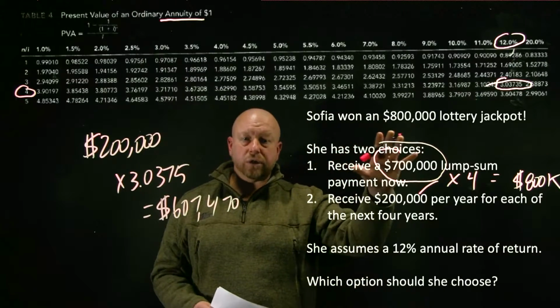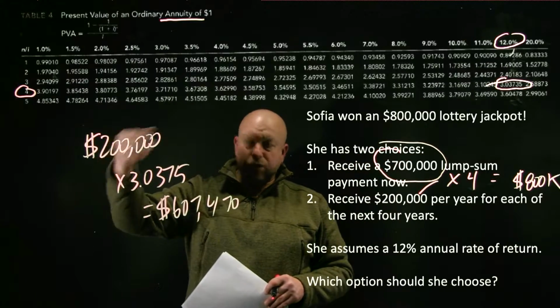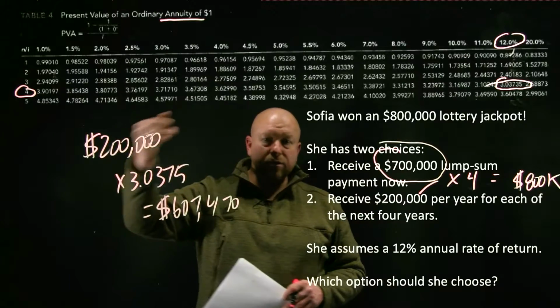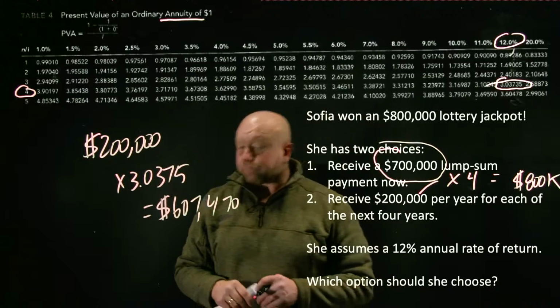There are things she can do to benefit her financially. Whereas this money, $200,000 of it comes today, but $200,000 of it comes a year from today, 2 years from today, 3 years from today.